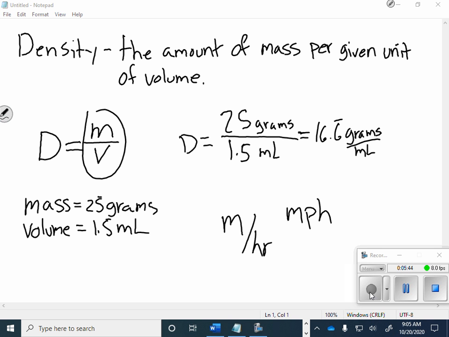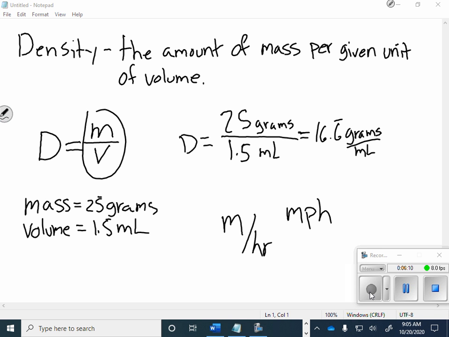Miles per hour literally means miles divided by hours. And so hour is your given unit of time. The amount of miles you drive is your distance. You're taking a distance divided by time. That gives you miles per hour. Every hour, you will travel this many miles.